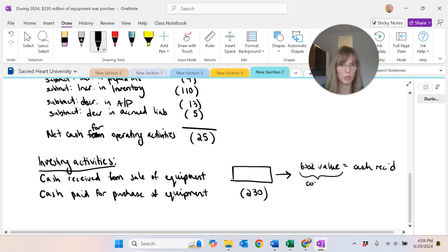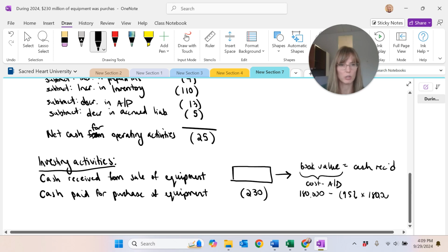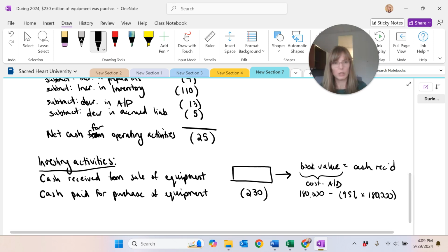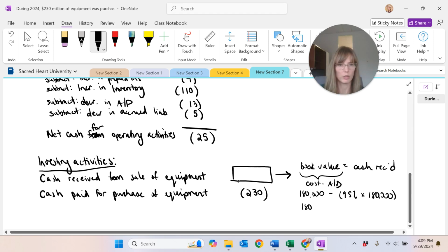Book value is equal to cost minus accumulated depreciation. The cost of the equipment was 180,000, and the accumulated depreciation was 95% of the 180,000. Okay, so 95% of 180 is 171,000. So we have 180,000 minus 171,000.